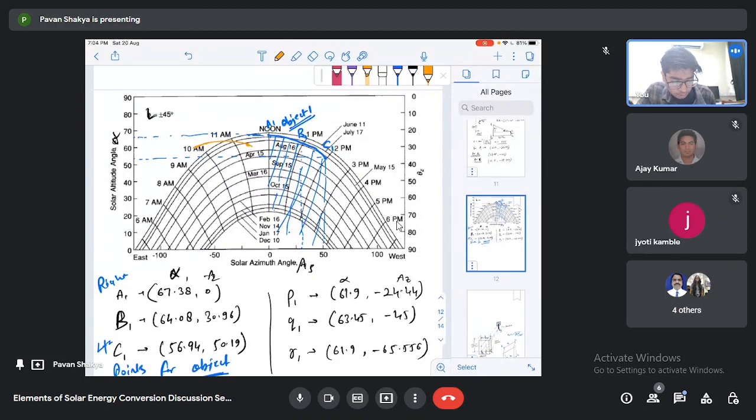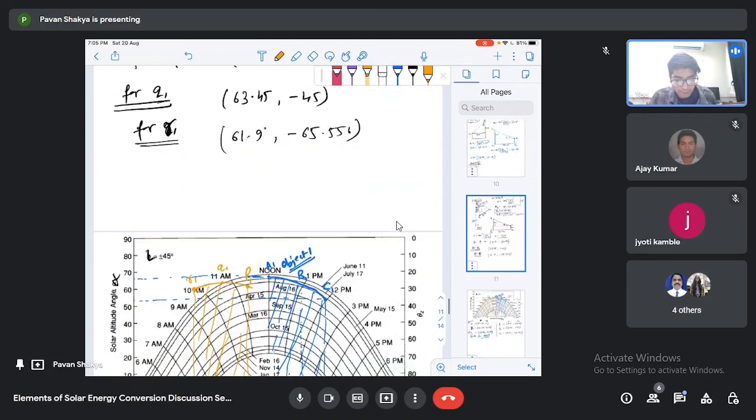Okay. So this will be our P1. Somewhere you will find this Q1 and somewhere R1. And when you do the similar process, then this portion, okay, for these days, for these hours, the PV panel will be shaded.